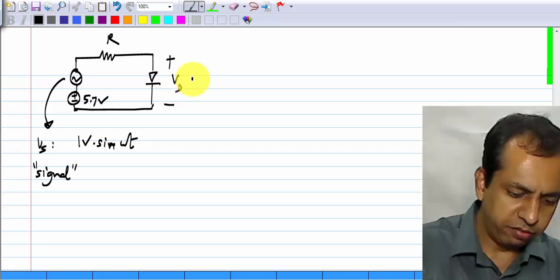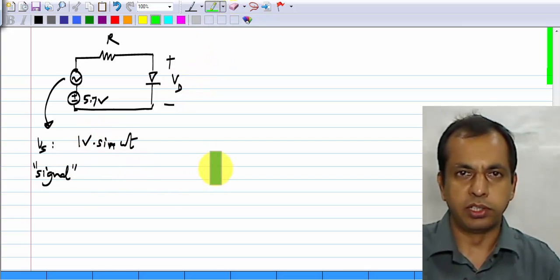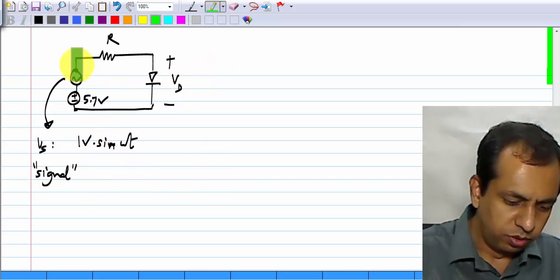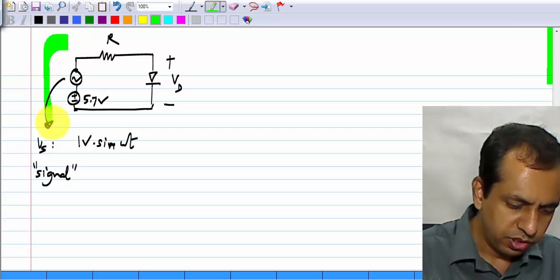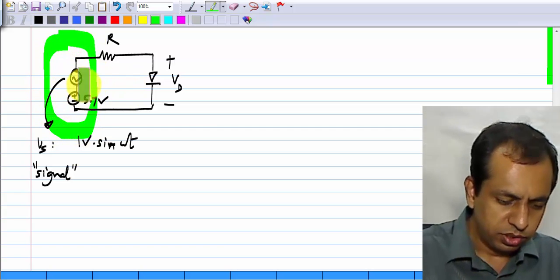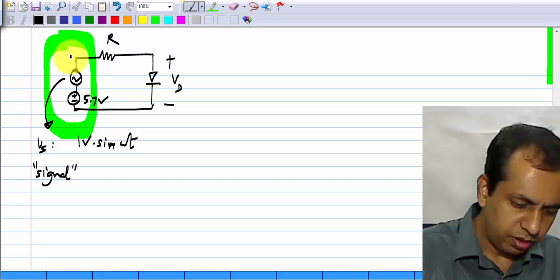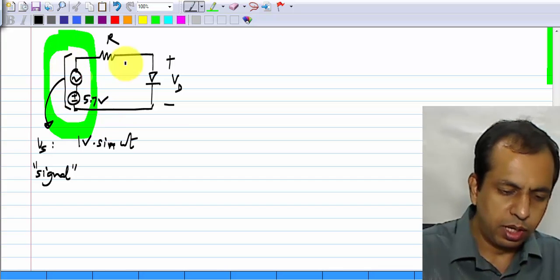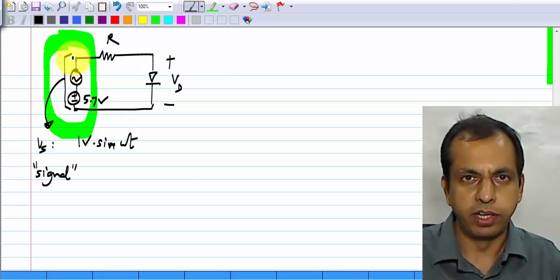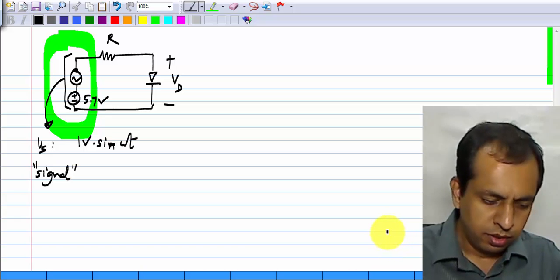Now, if you wanted to find Vd in this particular case, what will you have to do? So, the way I have set it up, the circuit is exactly the same. So, the voltage source that is applied to the circuit is now time varying, okay.